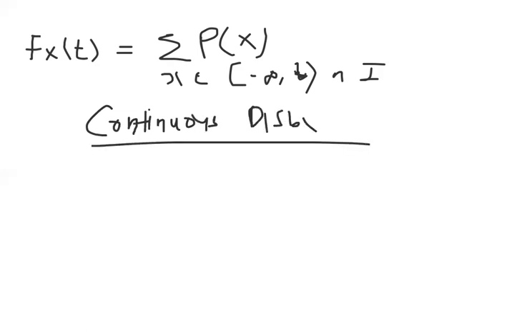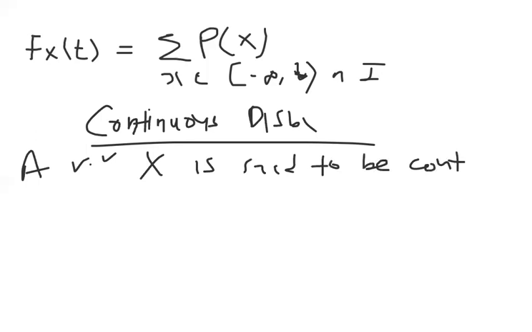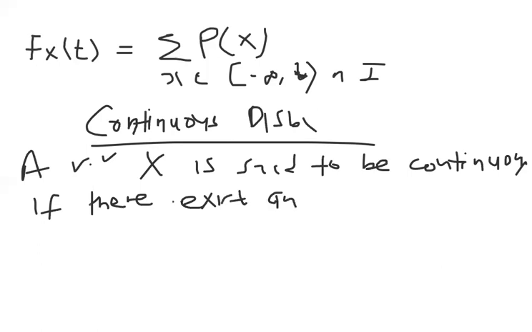So you can say a random variable x is said to be continuous if there exists an integrable function f of x, which maps to 0 and infinity.